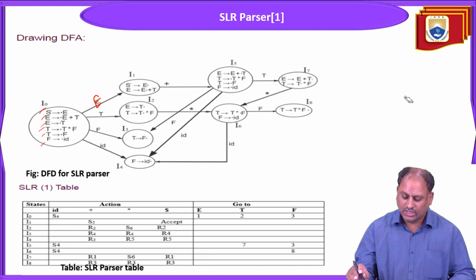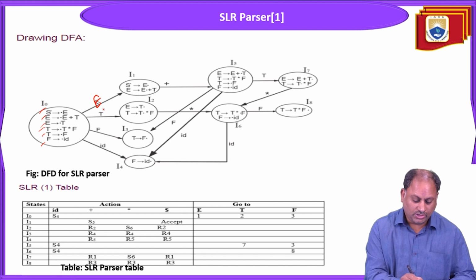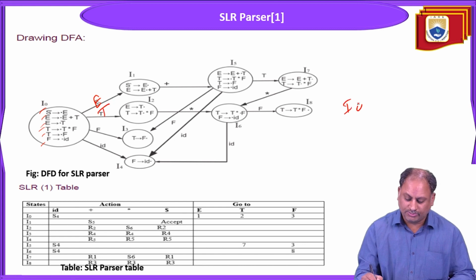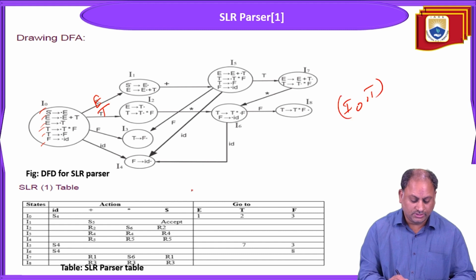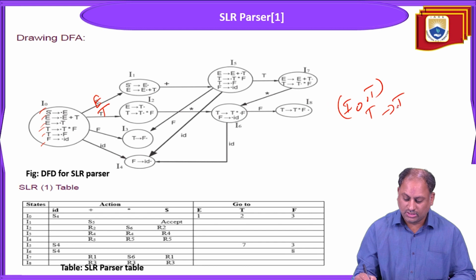I0 with capital T. So I0 with capital T, what are the productions which contain T? So here T derives dot T star F. And one more, E derives T dot.